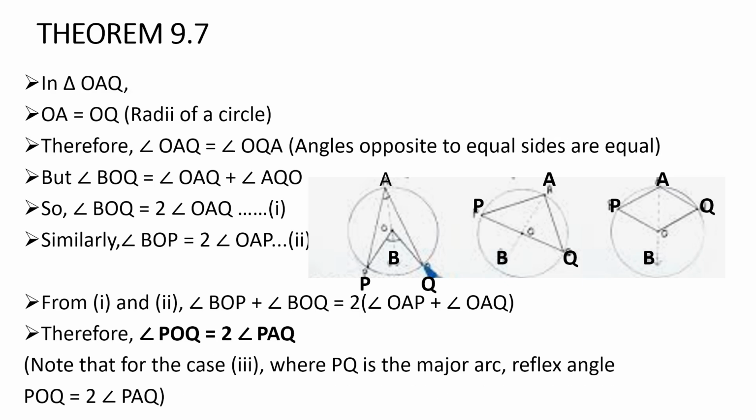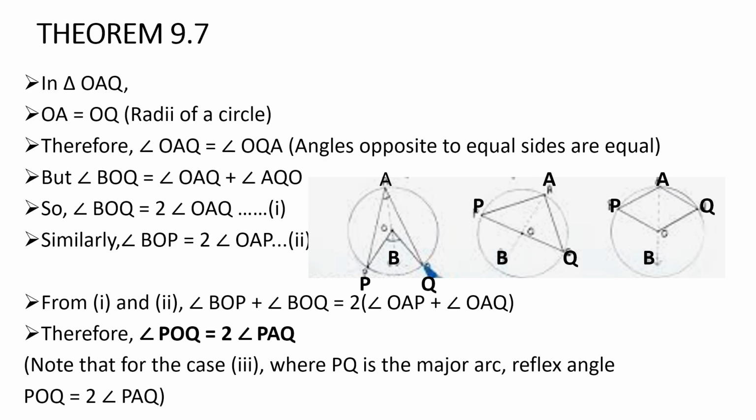The first case, in triangle OAQ, OA is equal to OQ because they are the radii of the same circle. Therefore, angle OAQ and angle OQA are equal because angles opposite to equal sides are equal. But we know that angle BOQ is equal to angle OAQ plus angle AQO. We have just now seen that. So angle BOQ is equal to twice angle OAQ.